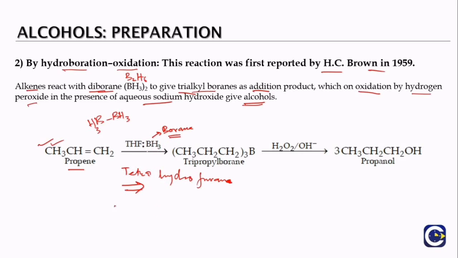Why? Because BH3, also called borane, is very reactive, and it never stabilizes until it reacts with another boron hydride to form the dimer. But in our reaction we need only borane, and to stabilize this boron hydride we are using THF, tetrahydrofuran.